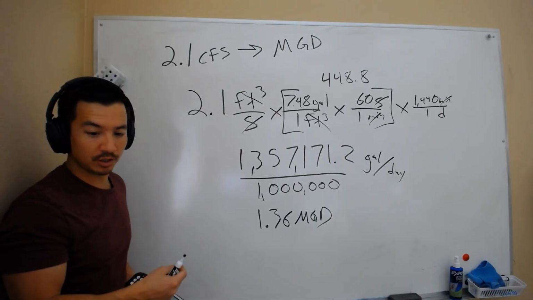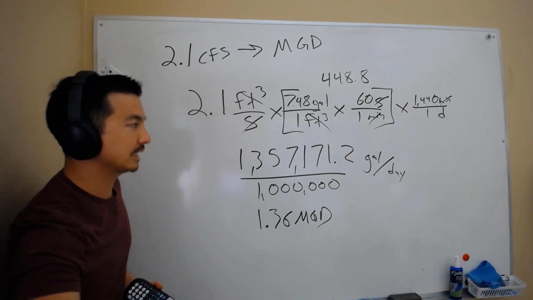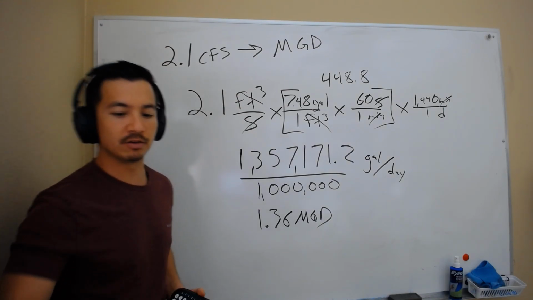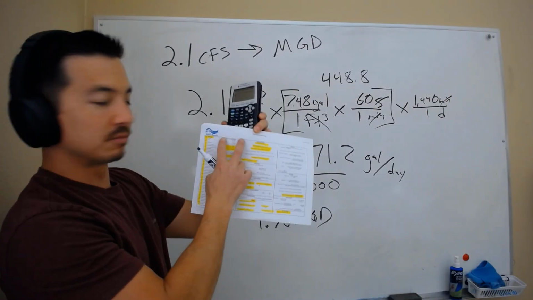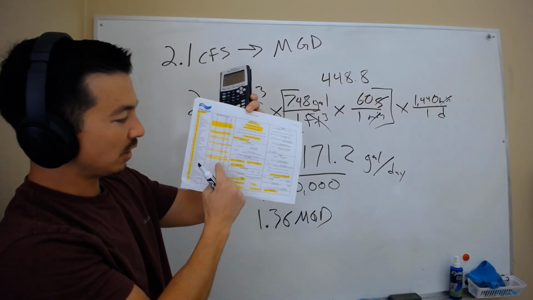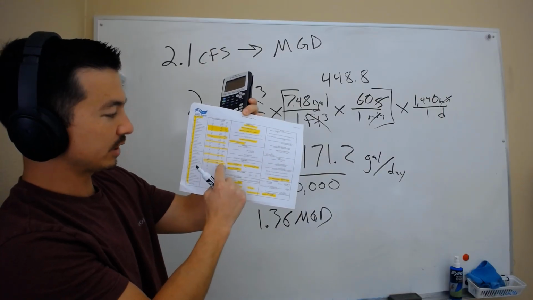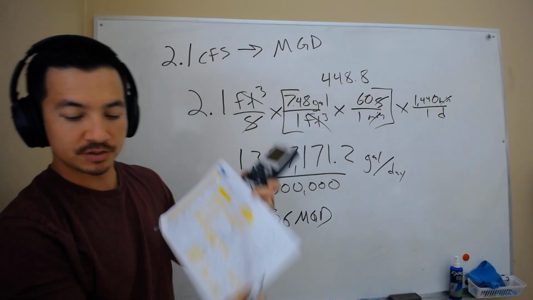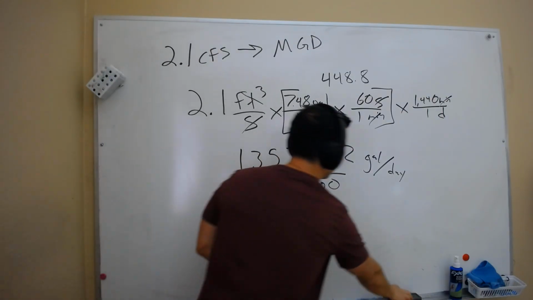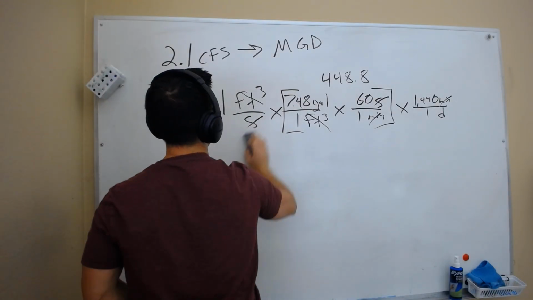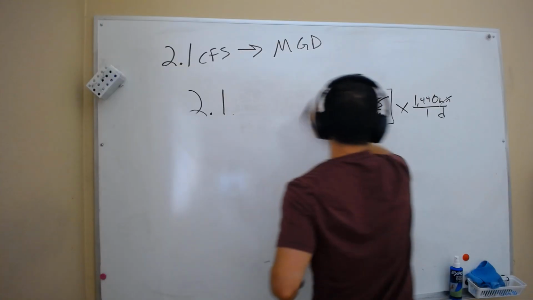Now I want to show you the shortcut for this though, and I like to use this more now than before because it's on the new formula sheet for the state of California. So on this column right here, almost all the way to the bottom, you can see these 2 highlighted lines. One of them right here is a shortcut to go directly from MGD to CFS or vice versa. So let's take a look at that real quick. We start again with that same 2.1.